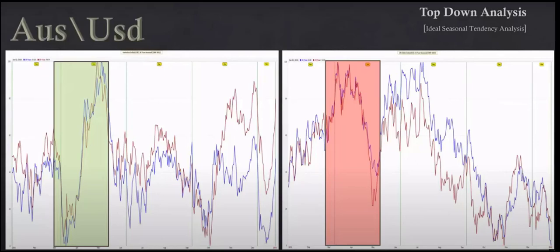So between the two, we have a qualified ideal scenario for the Australian dollar US dollar pair in FX to rally, because the first currency in the name of the pair, Australian dollar, Aussie, rallies at that time of year, at the same time the dollar index sees a decline. That is how the pair is constructed. When we see price rallying on the chart, we see the rise of Australian dollar futures versus lower prices on the dollar index.